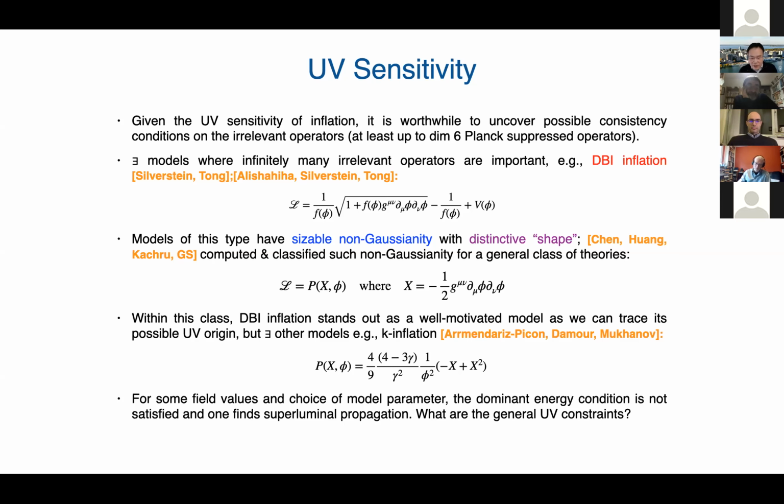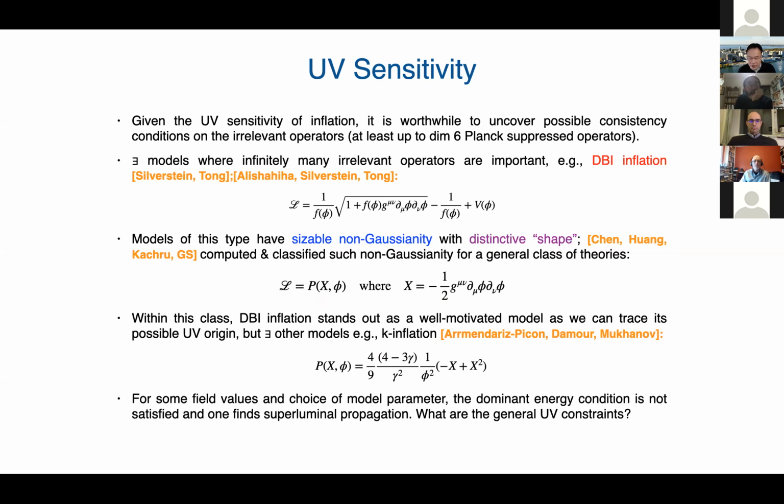And DBI inflation stands out as a particularly well-motivated model within this class because we can trace its UV origin. The DBI action governs the brane degrees of freedom in the small acceleration limit. But there are also other models that have been proposed. An example is K-inflation. An example is given here.